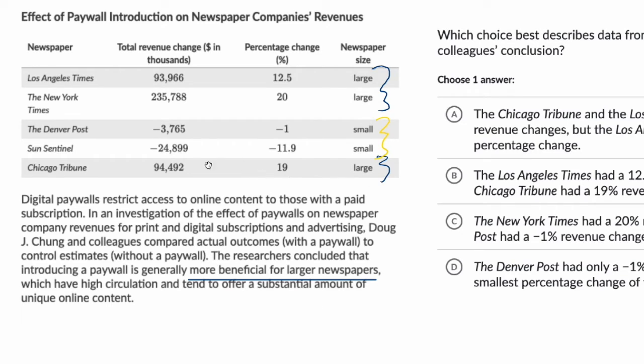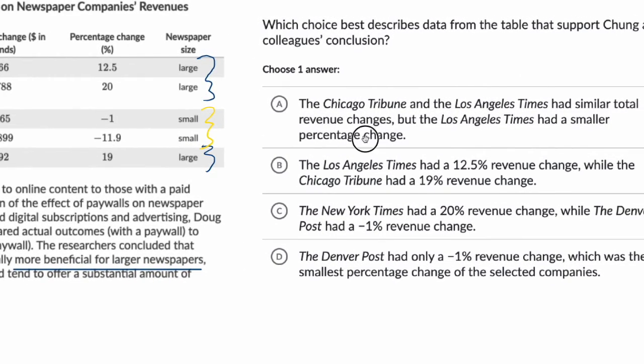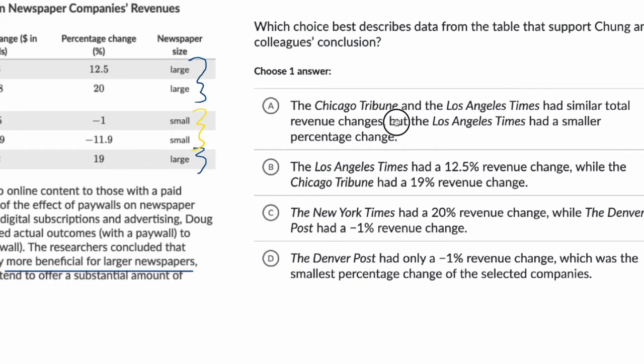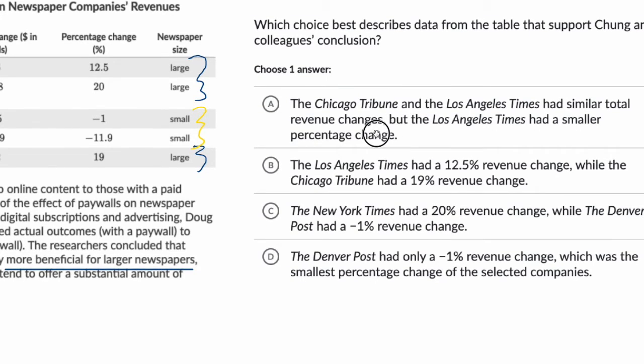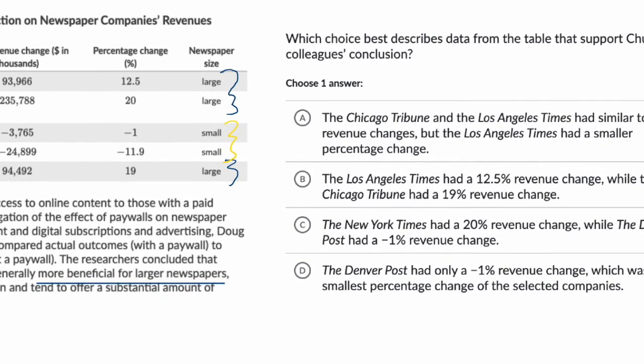In other words, either the Chicago Tribune, the LA Times, or the New York Times versus the Denver Post or the Sun Sentinel. Okay, so "the Chicago Tribune and Los Angeles Times had similar revenue changes." Nope, because here we're comparing 2 large ones, and that's not what we want.